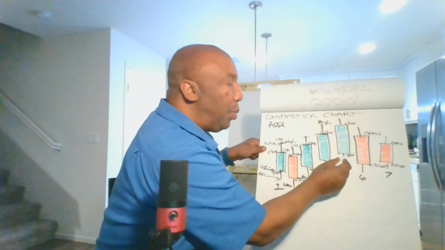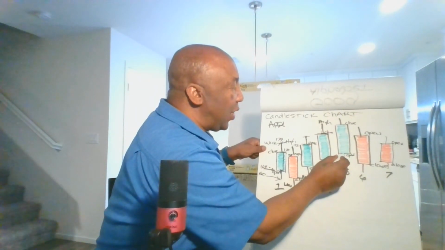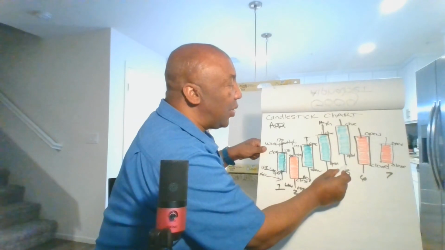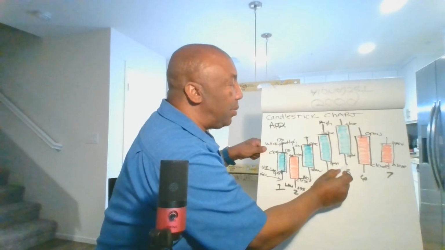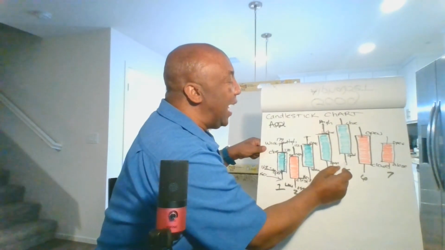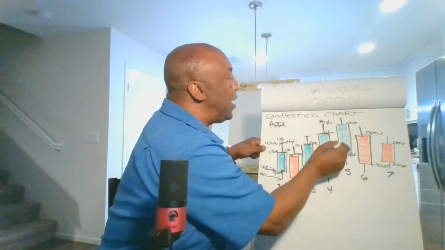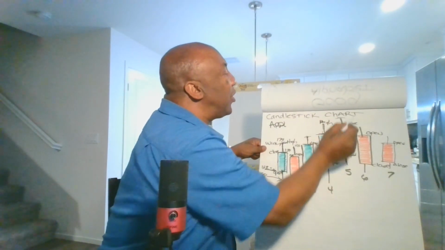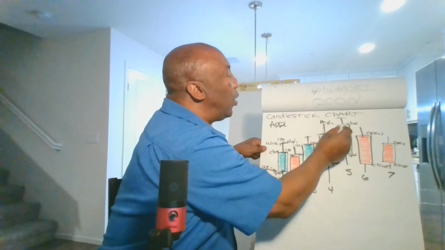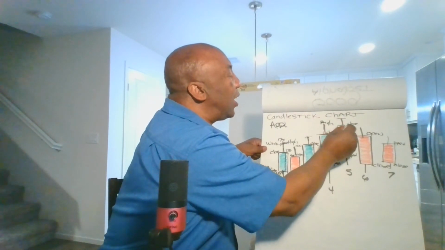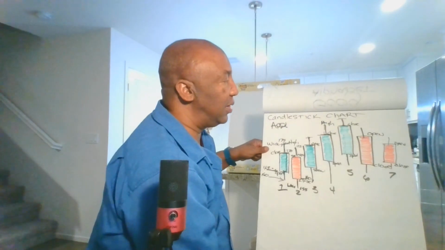Same here. It opened here and then dropped, sellers. But because it ended up being a green day, buyers began to overtake this stock that day, and it goes all the way, and here's the high, and it settled here right before the close, and at the close it was here.